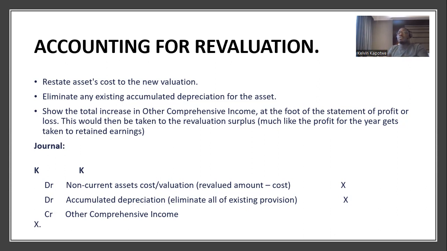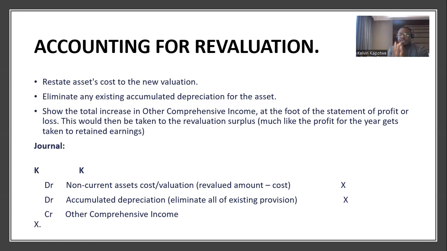And then you are going to calculate depreciation at the revalued amount. So eliminate the old depreciation that was calculated at cost, and then recalculate depreciation at the revalued amount. Some examples, I think in the third video, we'll do a lot of examples so that you can pick up some of these tricks.